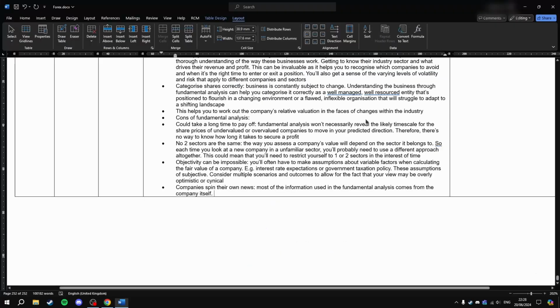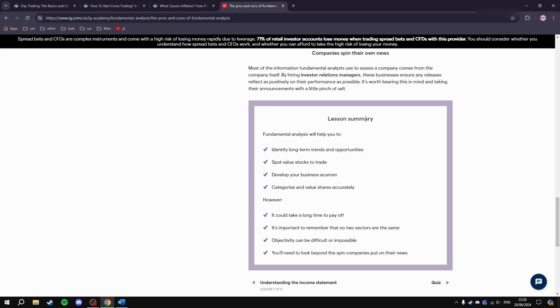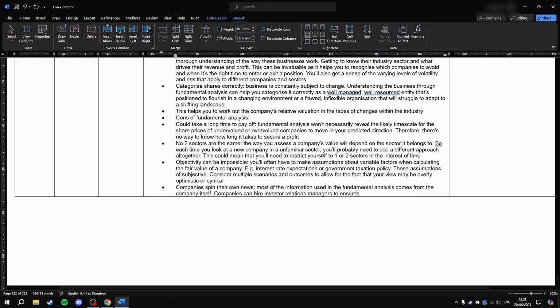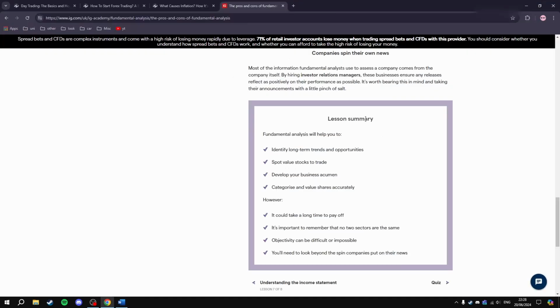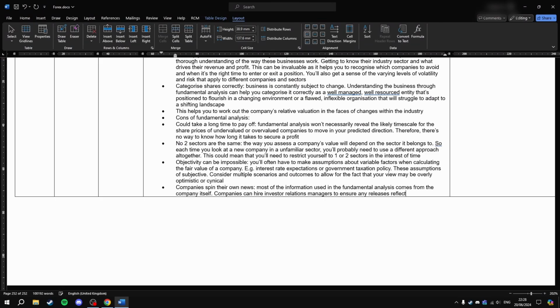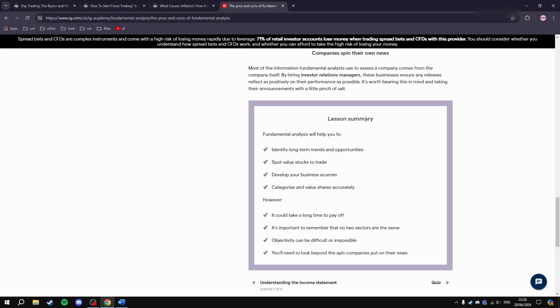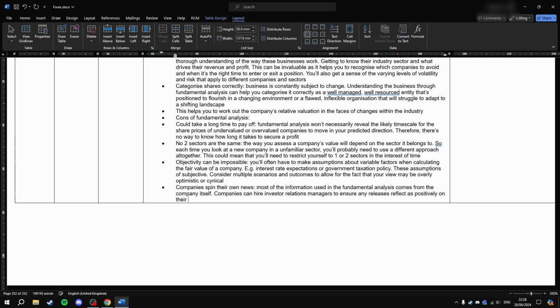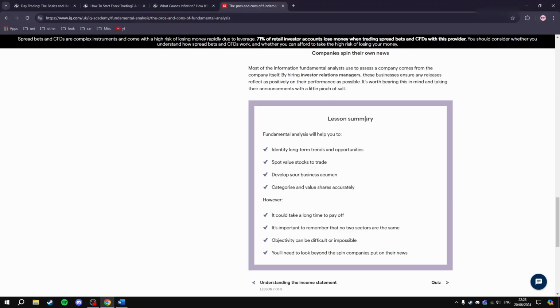Companies can hire investor relations managers to ensure any releases reflect as positively on their performance as possible.